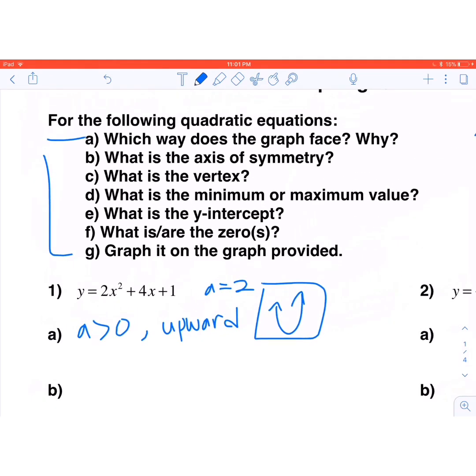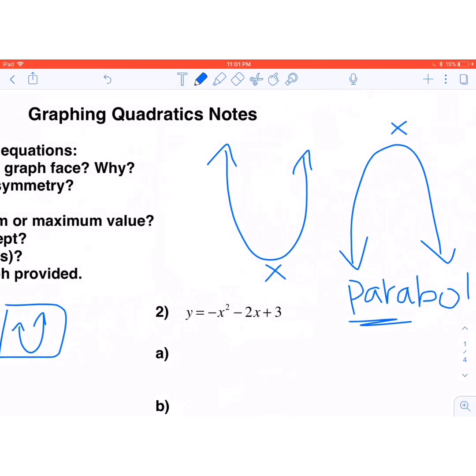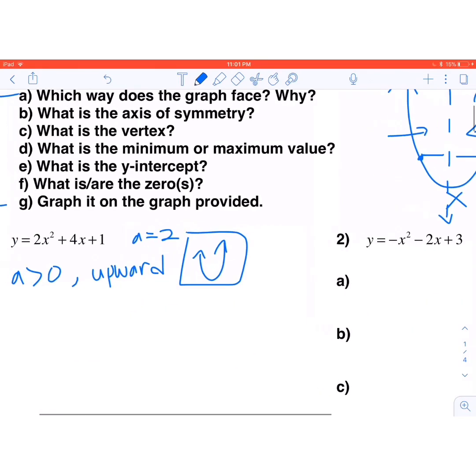Then question B says, what is the axis of symmetry? So like I said, it's a parabola. So the axis of symmetry is a line that goes down the middle of the parabola, and it's a symmetric shape for left and right. So from here to here and from this point to here should be exactly the same distance if it's a correct parabola. So we're going to find where that middle line is.